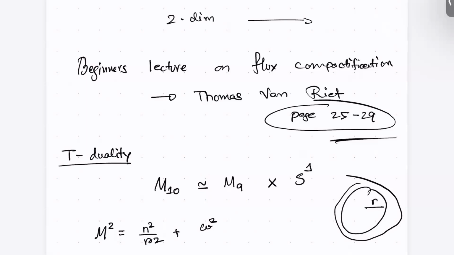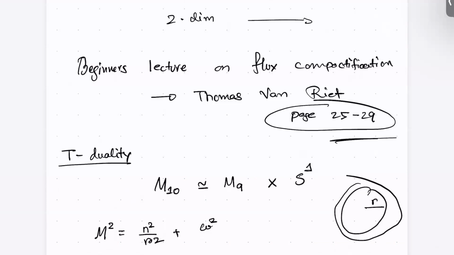What else can we say? Should be something more. So the wrapping will depend on the tension. Think about classical mechanics. If I'm wrapping something, there should be a tension, right?